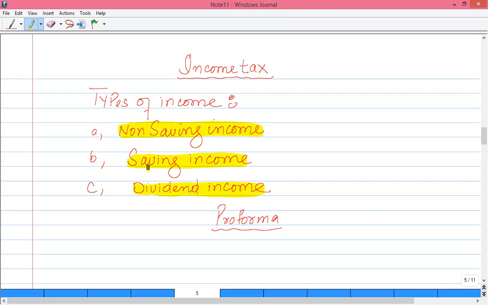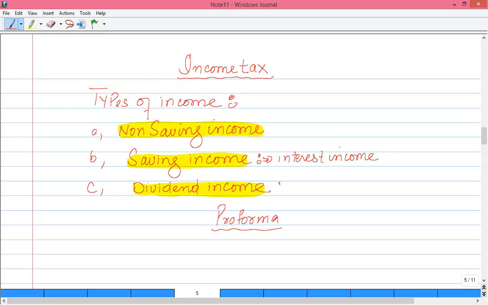So that means that in the UK, if a person is earning income in their personal capacity, there are three classifications: non-saving income, saving income, and dividend income. Now, how will you identify which category certain types of income will fall in? If the income is interest related, for example, you are earning interest from any source, unless it's an exempt income, then you will classify that as saving income.